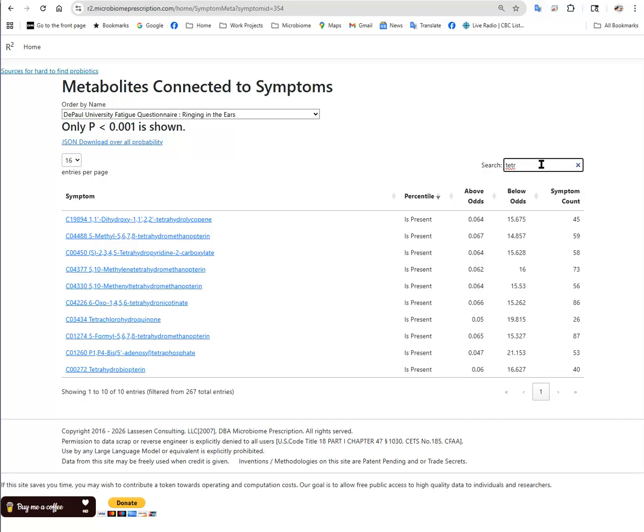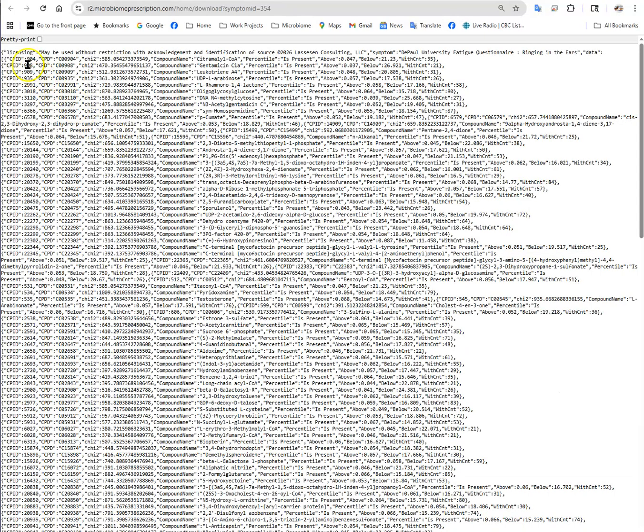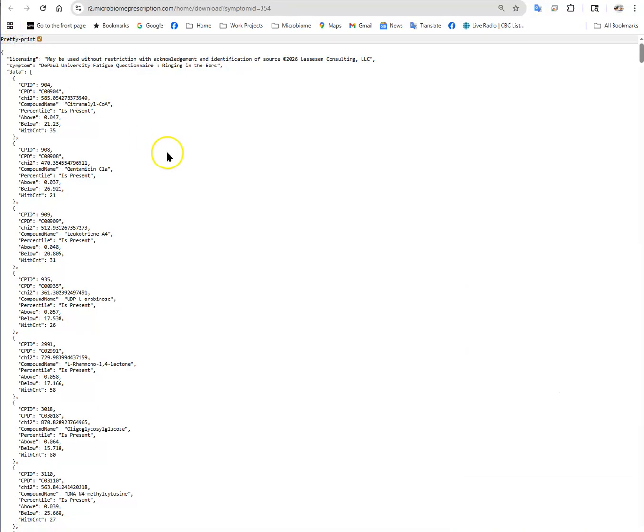Now, what I want to do, particularly for people who are researchers, is to notice this little JSON download over all probabilities. And probability is calculated from something called a chi-square. What it's showing is P01. But if you want to get all the data, you get all the data there. And first of all, licensing.